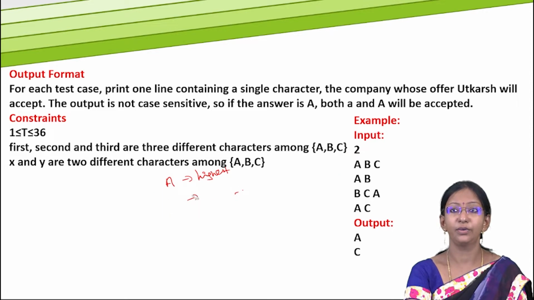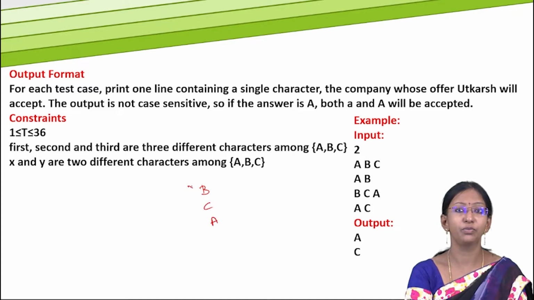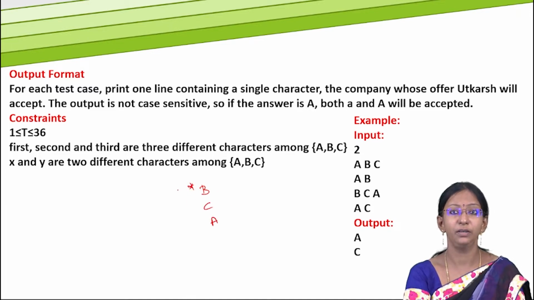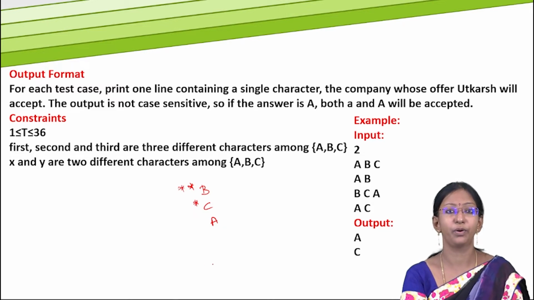Let's talk about the second scenario. In the second scenario, the order is a bit changed. The same companies, but in the order of B, C, and A. That means B gets the highest priority, C the second priority, and A the least priority.